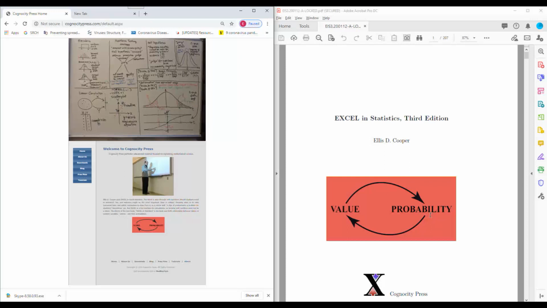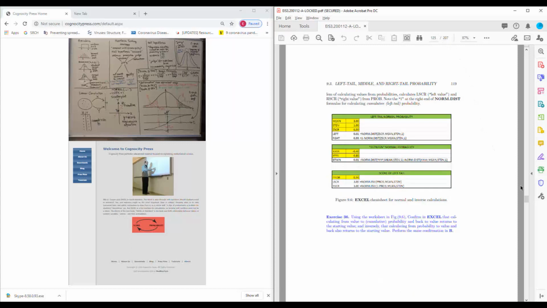To explore that relationship, I would urge you to go to page 119 in this book, where you will see an Excel spreadsheet with formulas involving the norm.dist function and the norm.inv function for going back and forth between values and left tail cumulative probabilities. And on this page you also see there's exercise 36, which asks you to see if you can duplicate this spreadsheet.